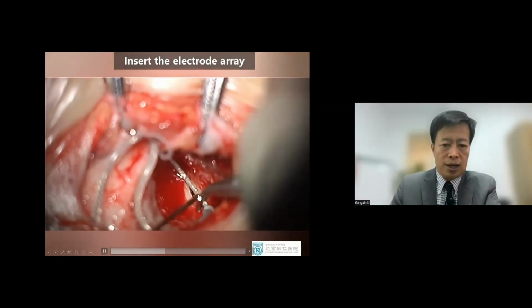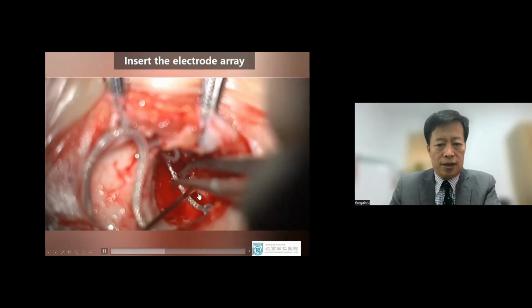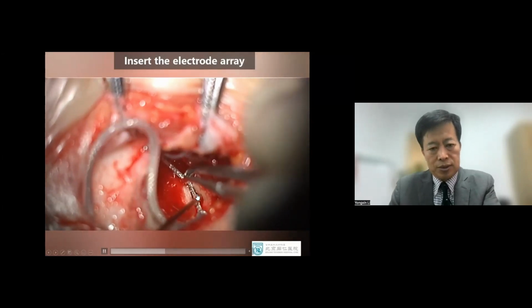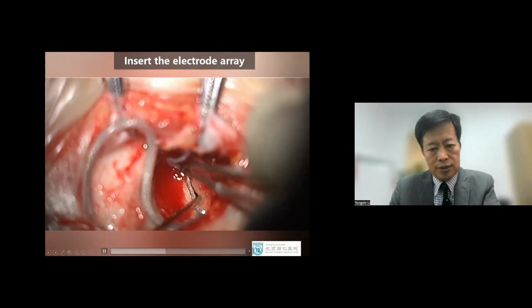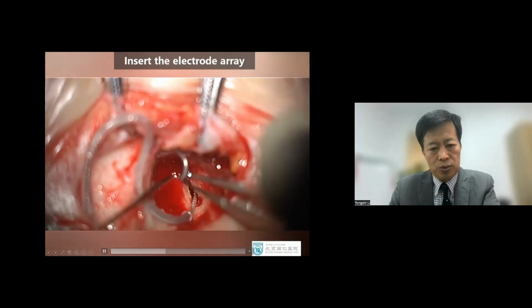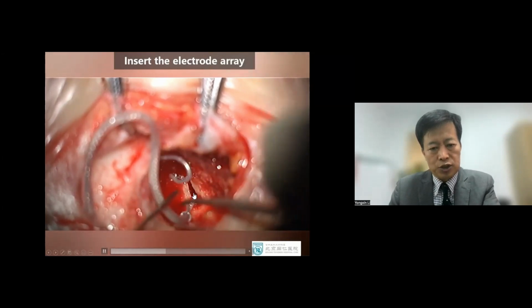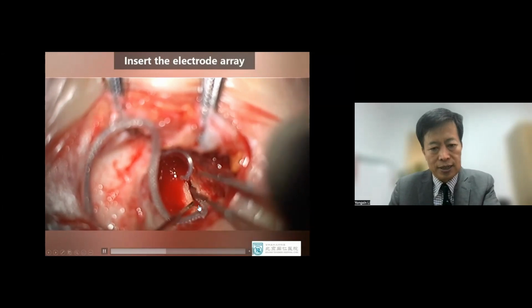Yeah, we try to insert the electrode. So the electrode, just this part. So we put the electrode inside the cavity.